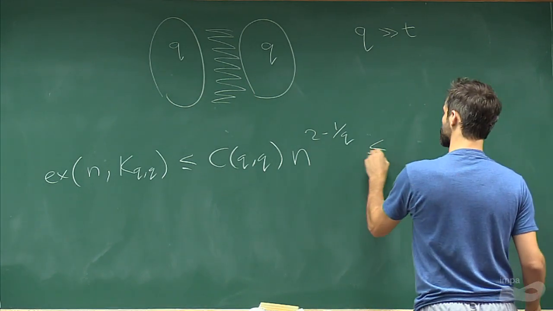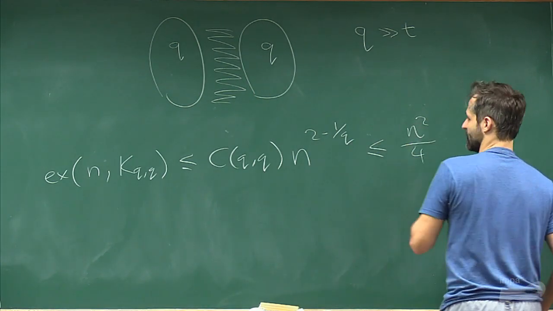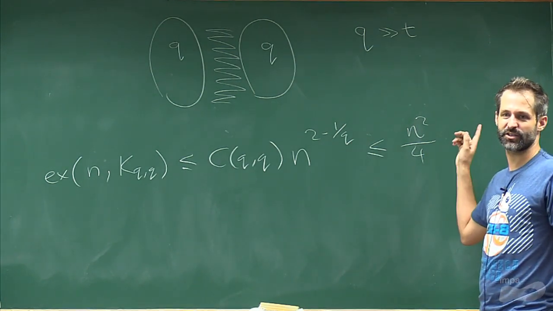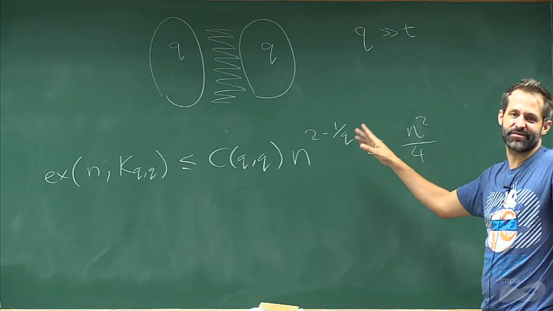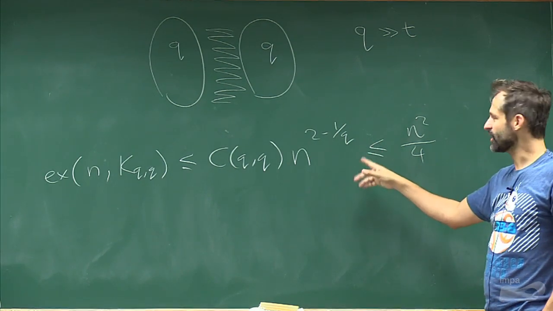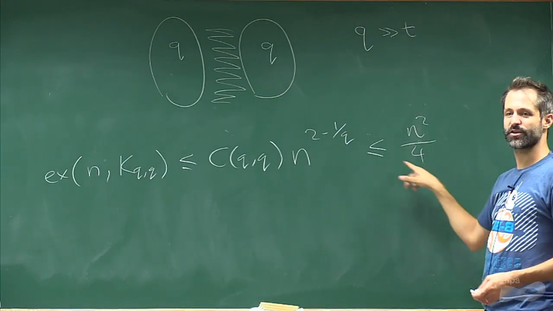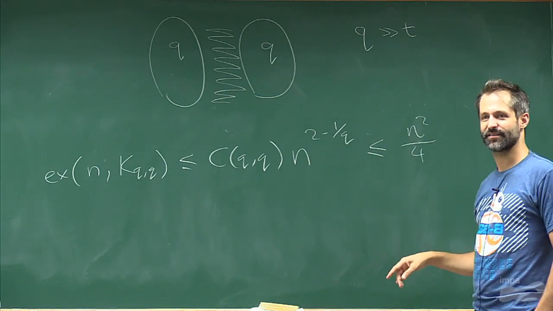And I claim this is at most n squared over 4 for any fixed q, certainly if n is large, and even if q goes to infinity very slowly. So we can pick an arbitrarily large q, and this will be true, and we can find this inside G. Is that okay?